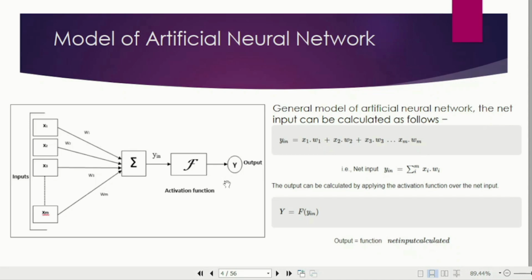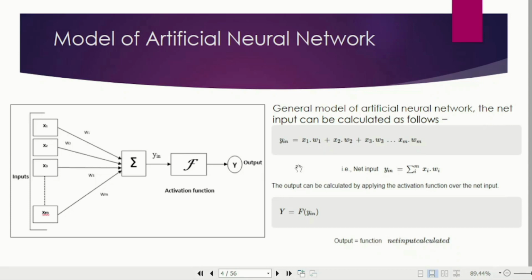At the right side is a general model of an artificial neural network, where the net input is given. How do we calculate the net input? It is very simple: we multiply the input and the weight, then add all the inputs times the weights, and this summation is said to be the net input. What is the output overall?